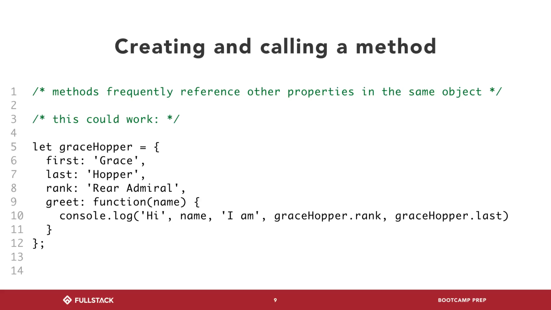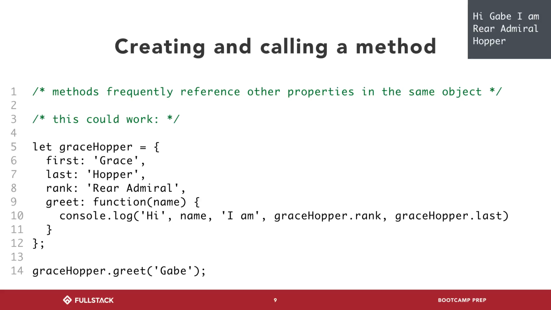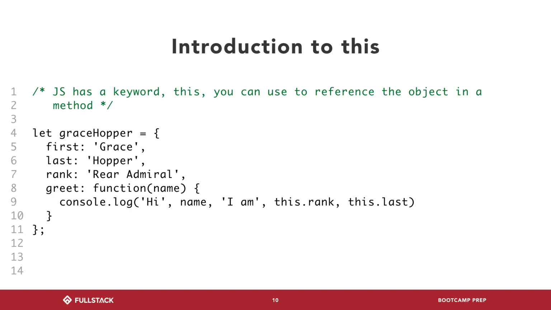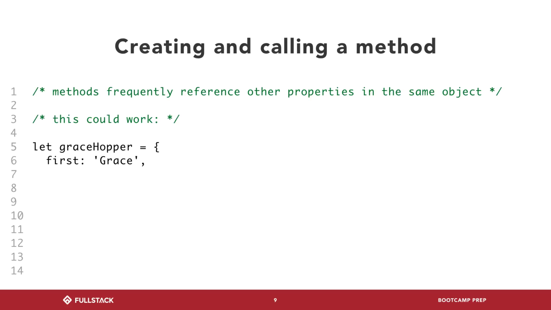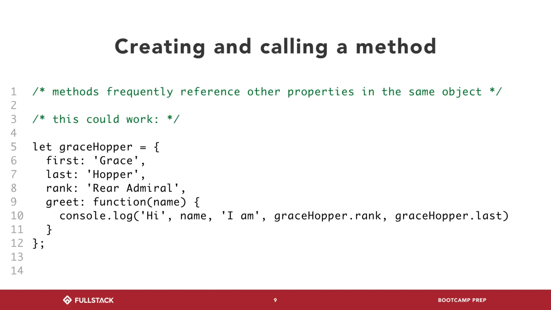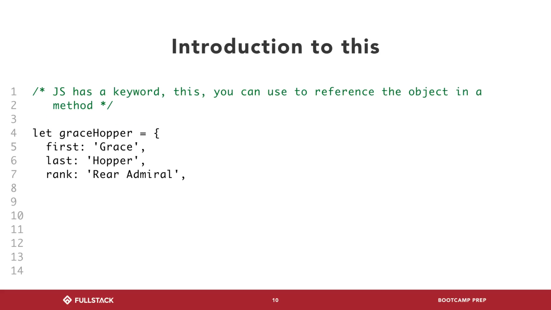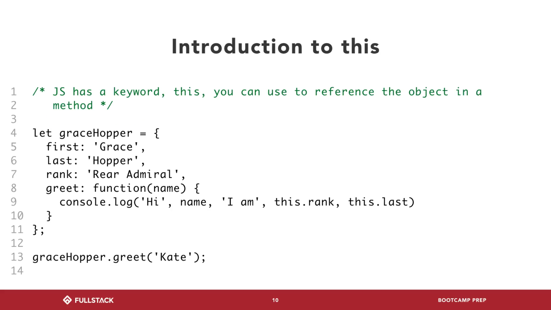Okay. And then just to take this one step further. Before, I was trying to call Grace Hopper.rank, Grace Hopper.last, right? But even that is in some ways a little bit less efficient, right? Because I've typed Grace Hopper multiple times.